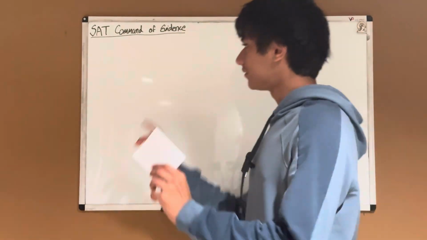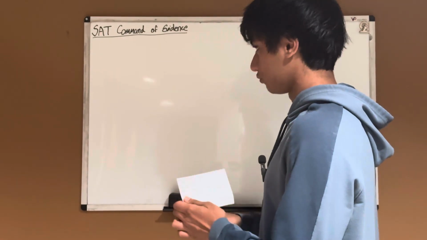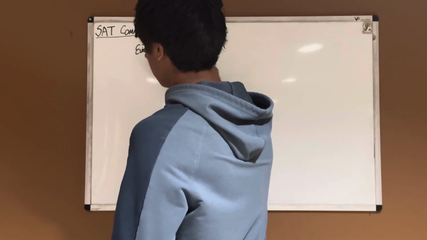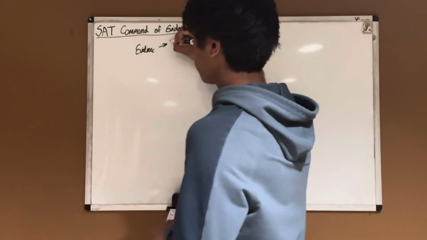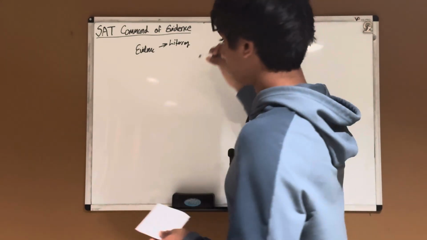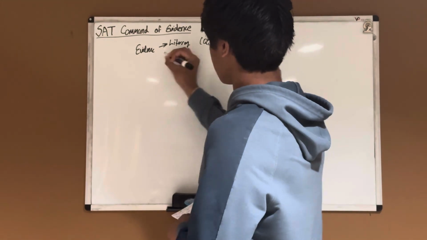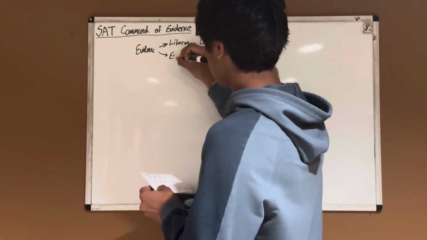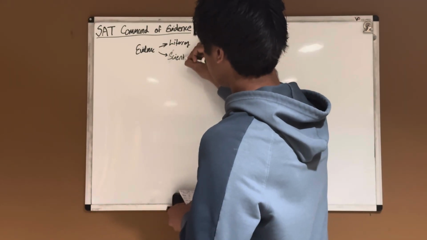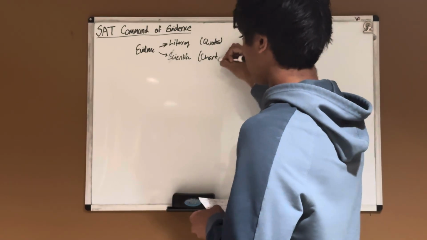So to start, what is a command of evidence problem? A command of evidence problem is a problem that asks you to use evidence, either historical or literary evidence, which is usually in the form of a quote, or scientific evidence, which is usually given through a chart, a graph, some kind of data.